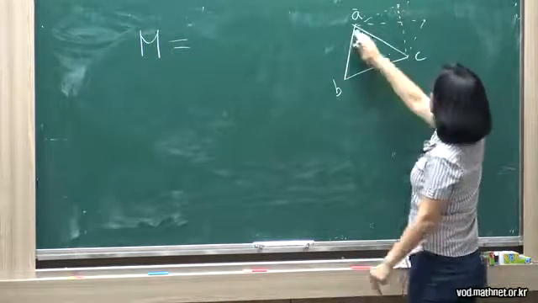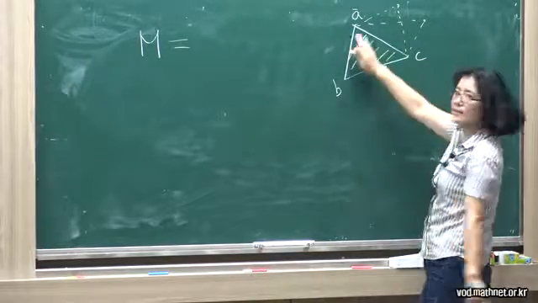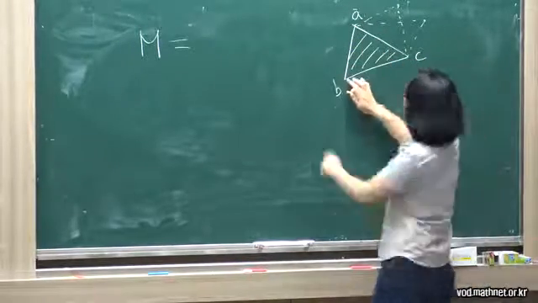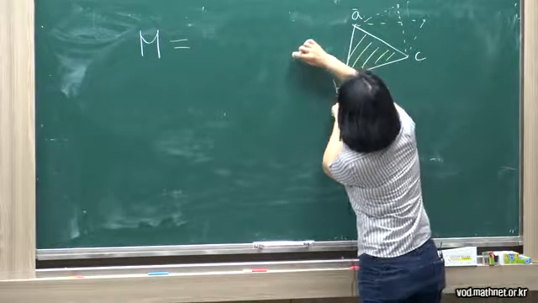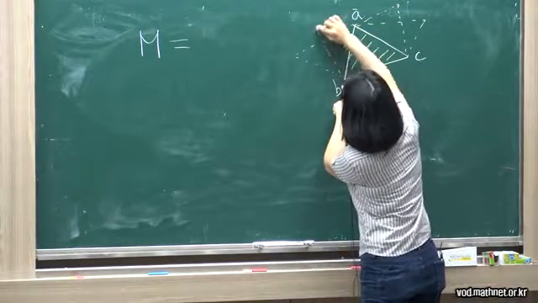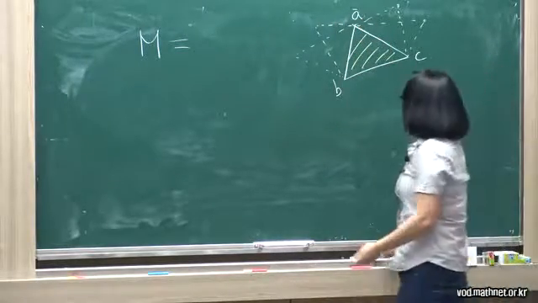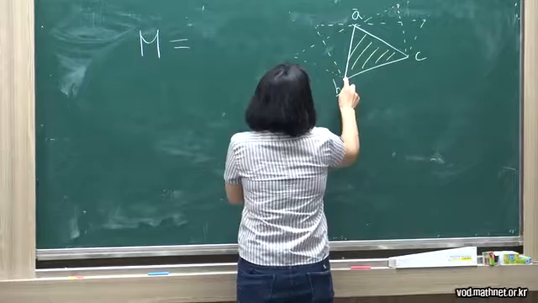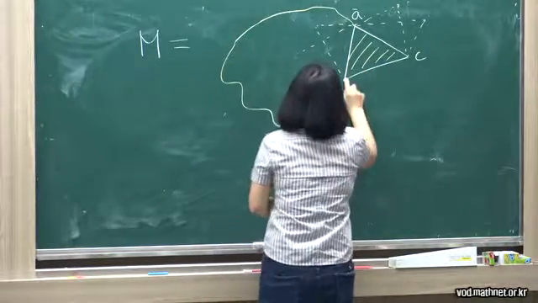There are no faces containing AC except that one. It's the single face containing AC. The same is true: ABC is the only face that contains A and B. There are no other faces containing A and B. For BC, I don't care. On top of it, we also insist that there is a path between A and B.